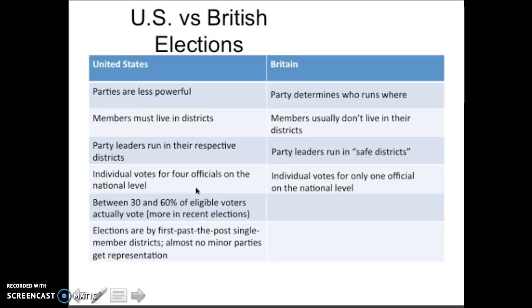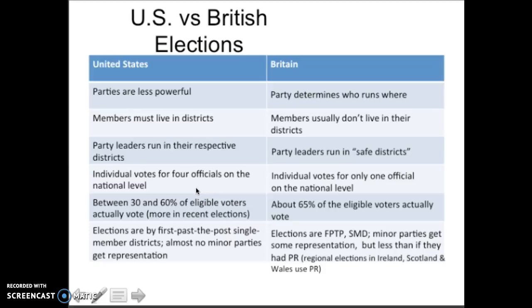That's it. So between 30 and 60% of eligible voters vote in elections in the United States. There's a little bit of higher voter turnout in Britain, where about 65% of eligible voters actually vote. And in the United States, elections are first past the post, single member districts, where almost no minor parties get representation.